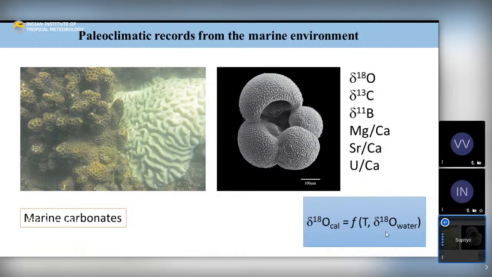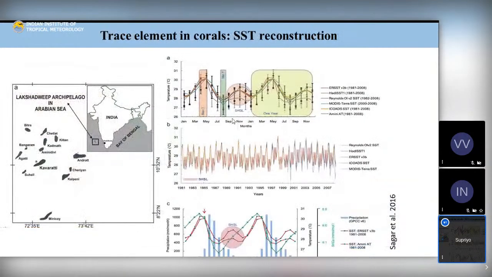So by analyzing these dual proxies, it is possible to reconstruct the delta 18O of water and in turn the salinity. This way it is possible to get the water influx, particularly due to river discharge, in a given oceanic region.